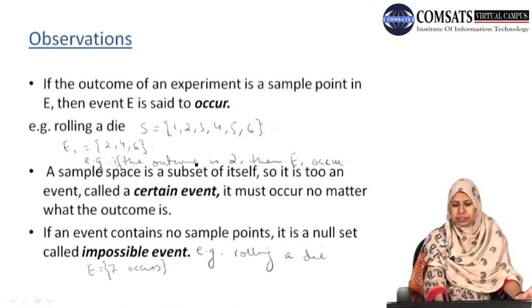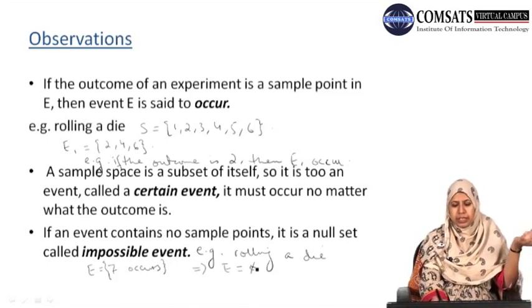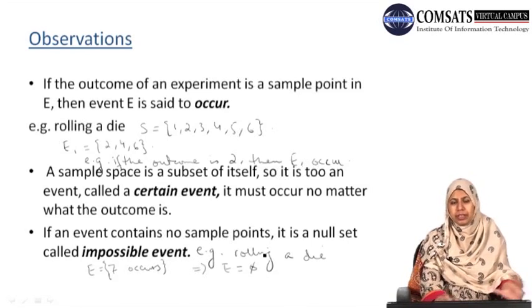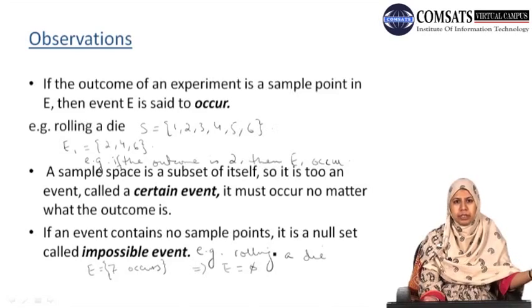Then this 7 does not belong to our sample space, so it is not a sample point, which means that our event E is actually a null set, an empty set, called an impossible event because this event never occurs.